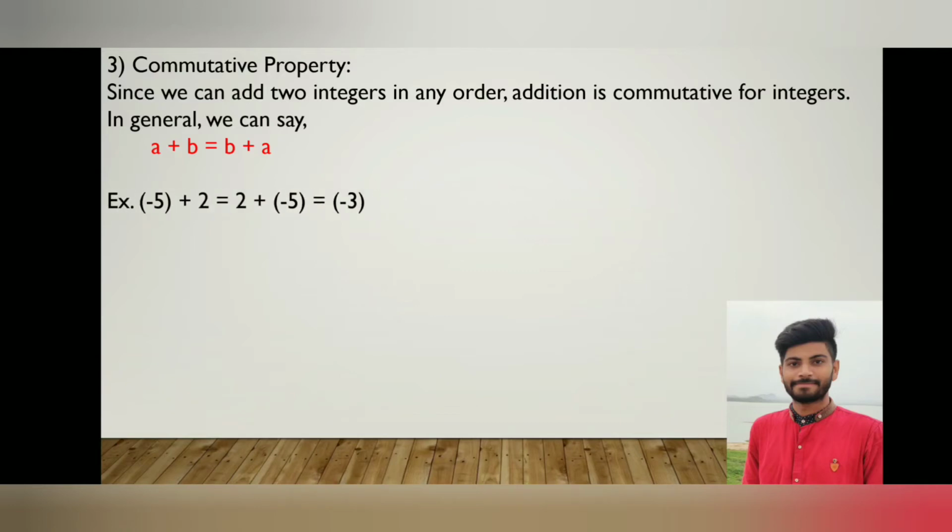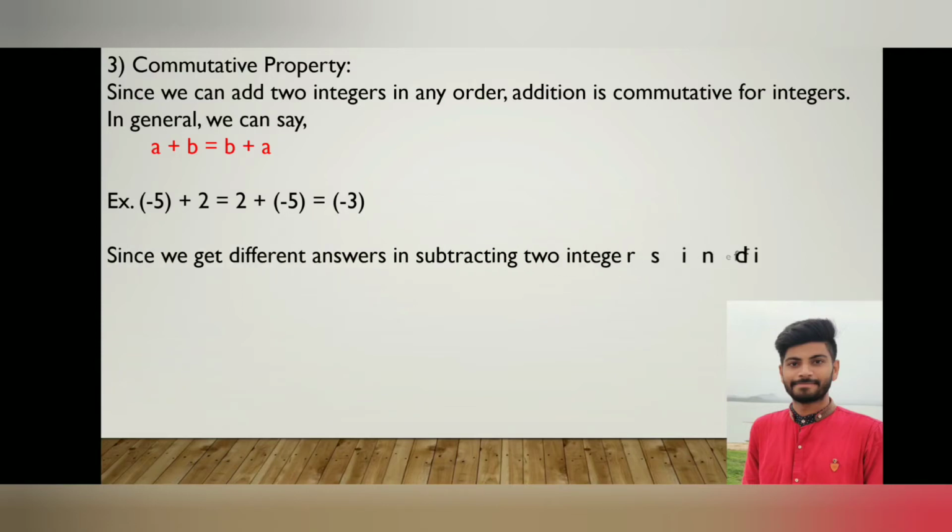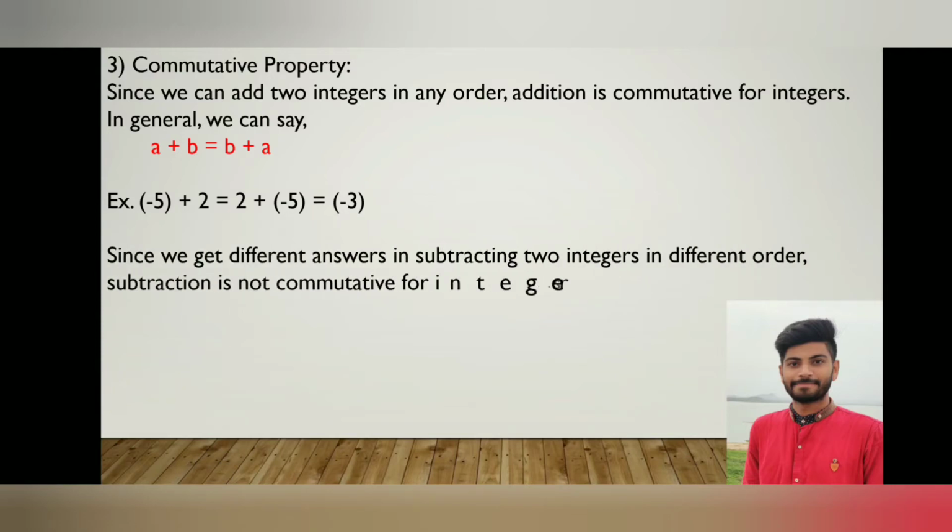For example, minus 5 plus 2 is equal to 2 plus minus 5, which is equal to minus 3. In both methods we get minus 3, so both answers are the same. So we can say that addition is commutative for integers.